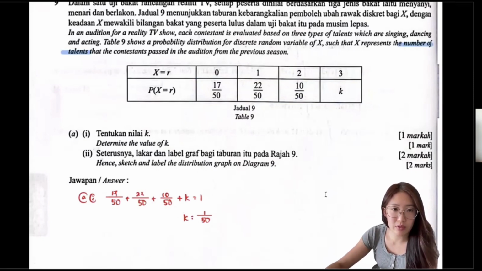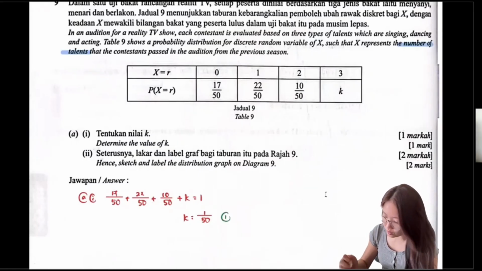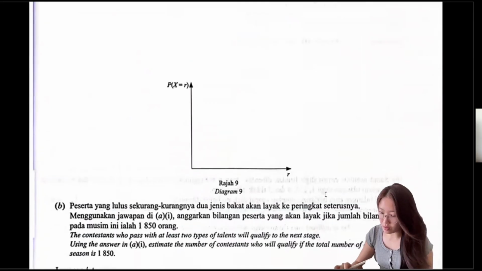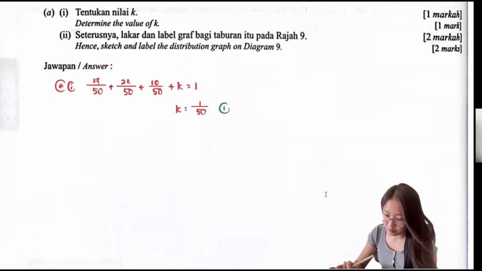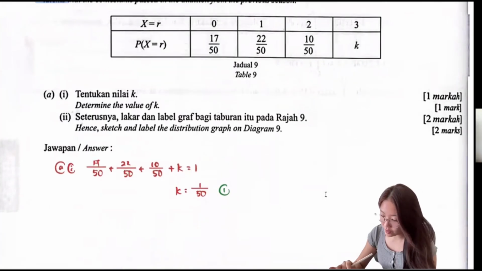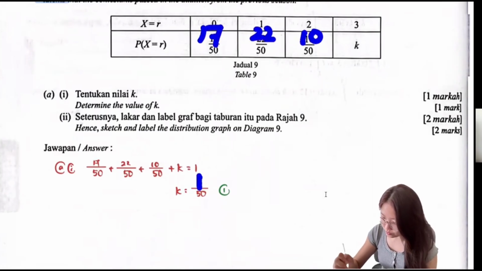Hence, sketch and label the distribution graph on diagram 9. This one gives you 1 mark. The graph is at the bottom, not a very big one. Everything is denominator 50. We just have to sketch. The lowest is 1, 10, 17, 22.